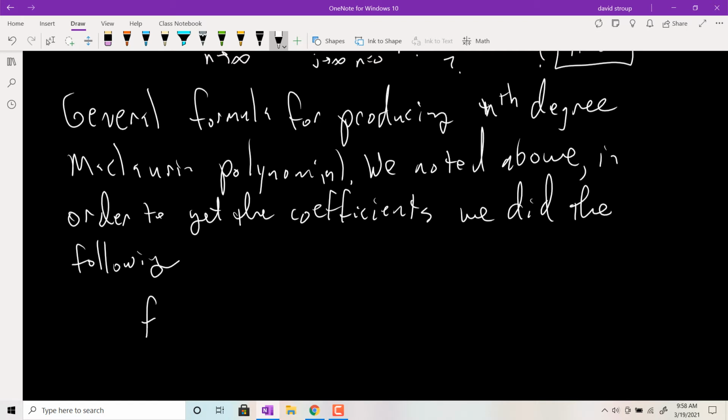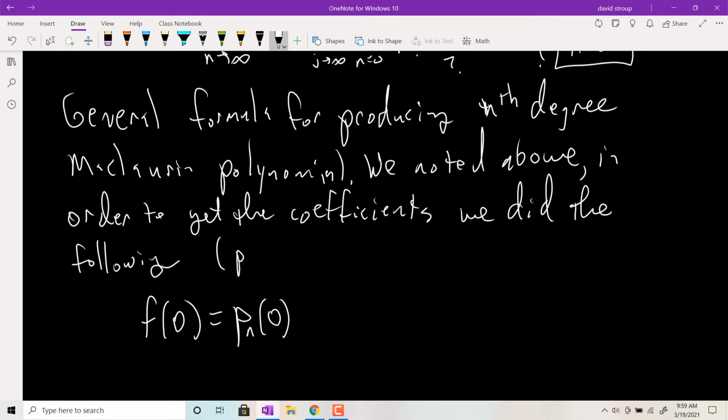We equated f of 0 to the nth degree polynomial evaluated at 0.